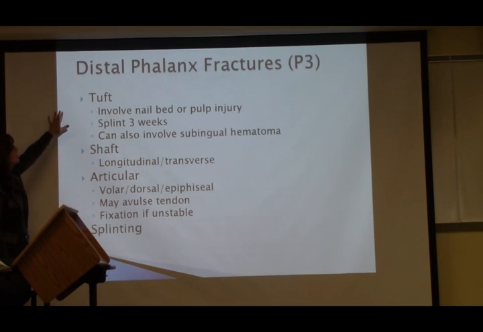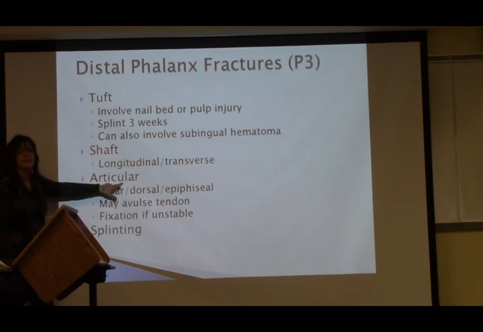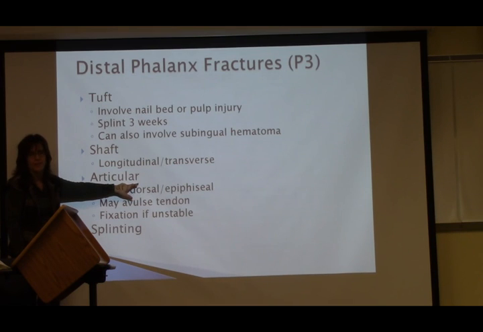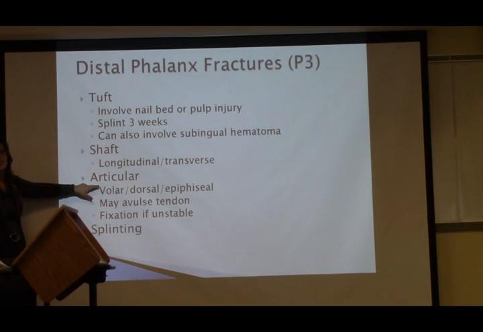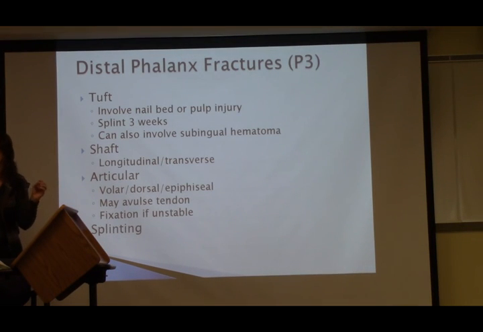So distal phalanx fractures could be either a tuft fracture, in the shaft, or articular. Have we talked about that? An articular fracture means that it crosses the joint space. So when a fracture is articular, that's more complicated because it can affect the joint alignment and the joint congruity, which if it's not aligned appropriately, could limit range of motion, could cause problems with arthritis development later on.